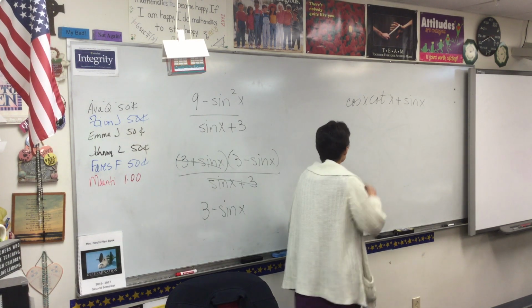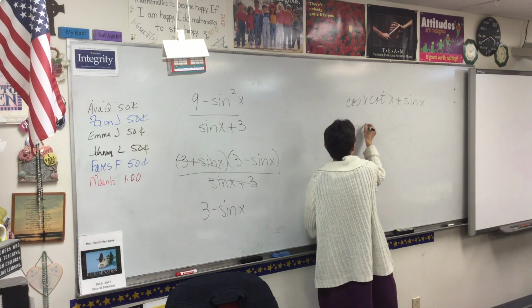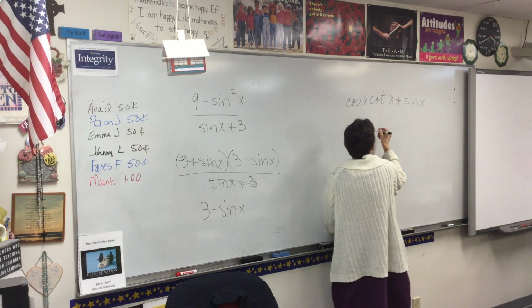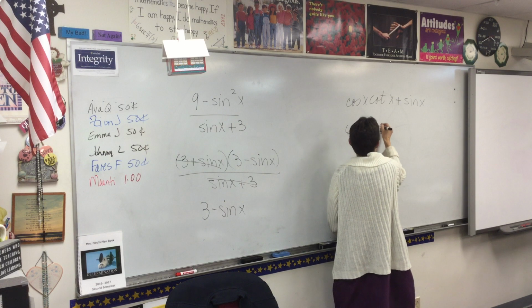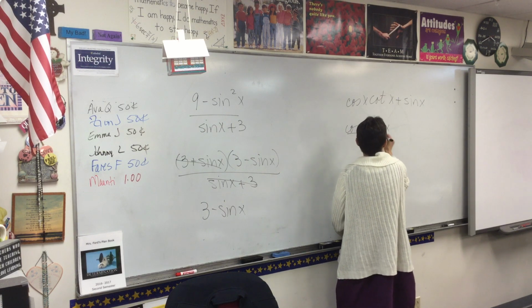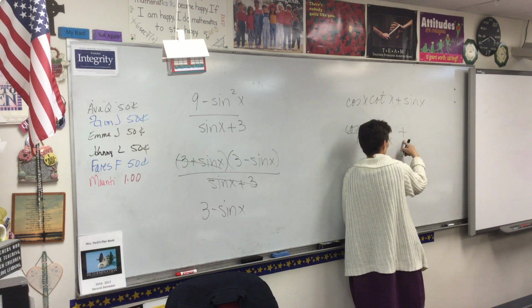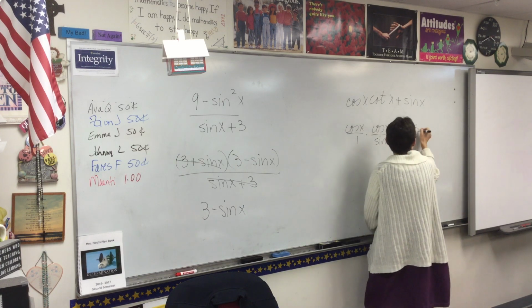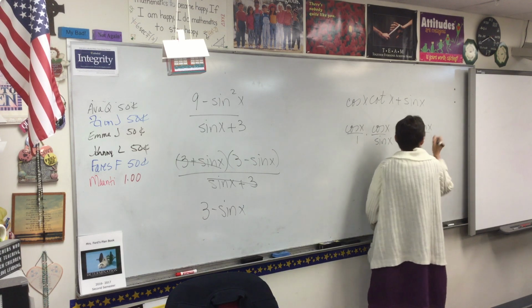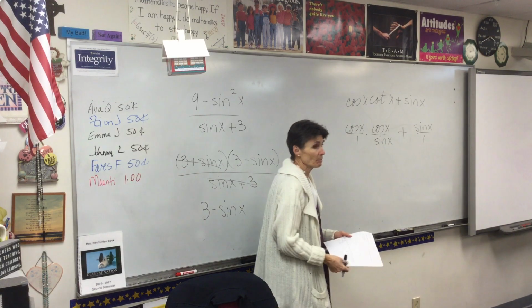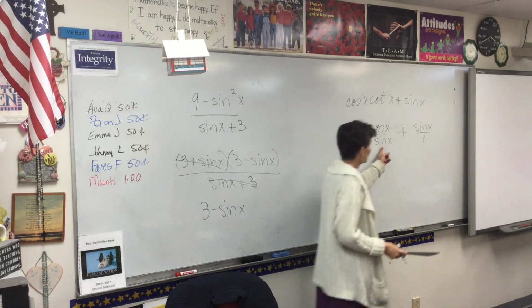Fractions. Okay, not cosine though, so that's cosine over 1 times cosine over sine. Now that's a plus. Watch it. That's a plus. Now, why does it matter that it's a plus? Can I cancel these?